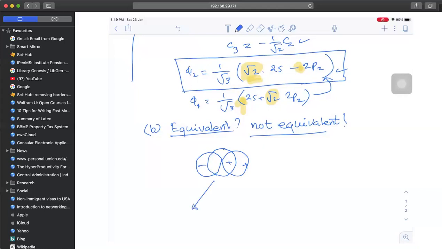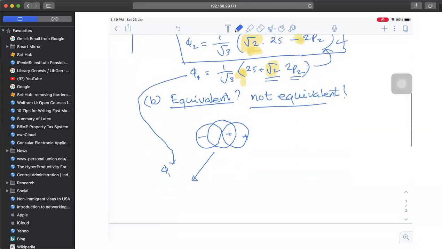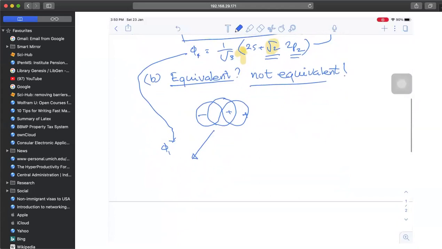If you wanted this orbital, which is phi 1, you will multiply 2pz by root 2 and then simply add 1 of s. That means the contribution of 2pz is more, so this orbital will look like 2pz more.